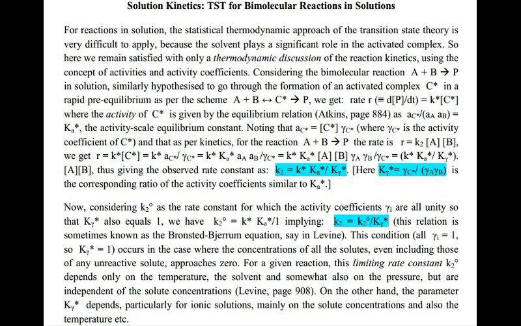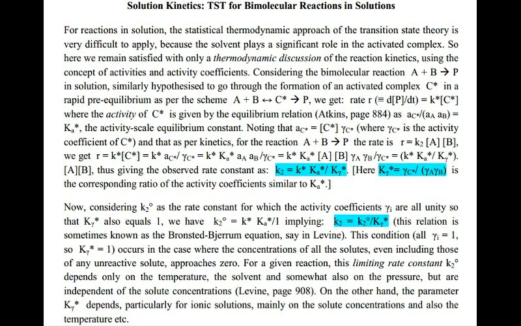And as per the kinetics for the reaction A plus B giving P, the rate R is equal to the observed rate constant k2 into square bracket A into square bracket B.